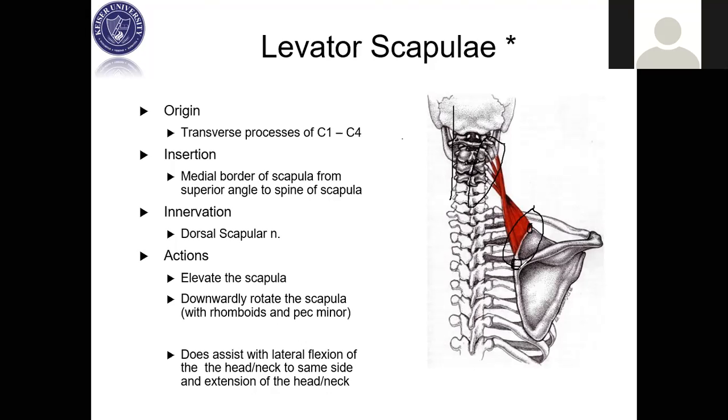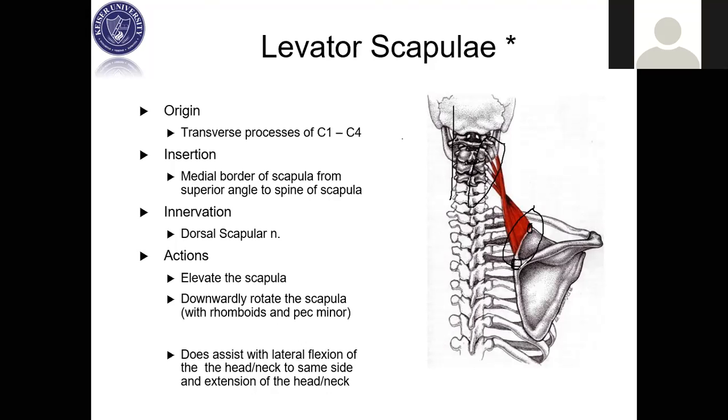And this is why it's so important to know the landmarks of these bones. You've got to know that the levator comes off of those transverse processes and comes down to the scapula, but it doesn't attach to the whole scapula.